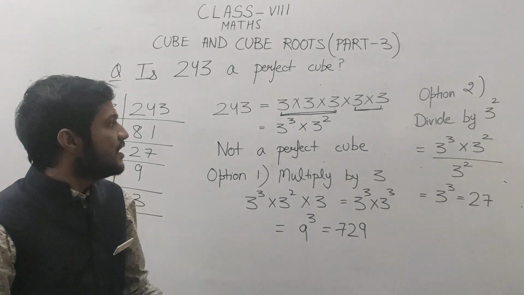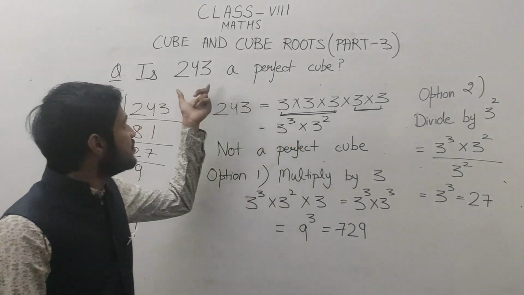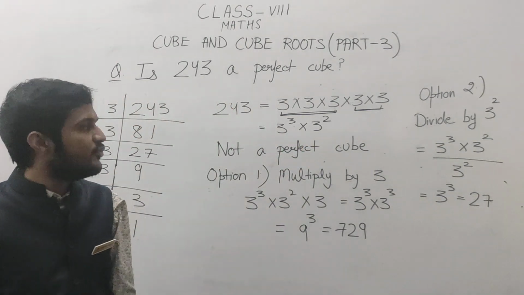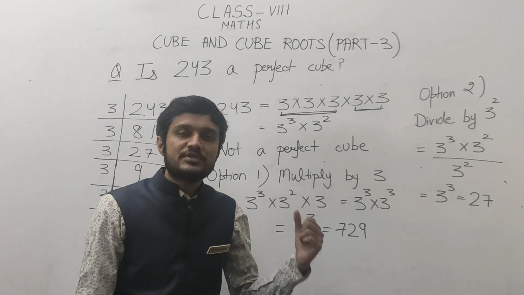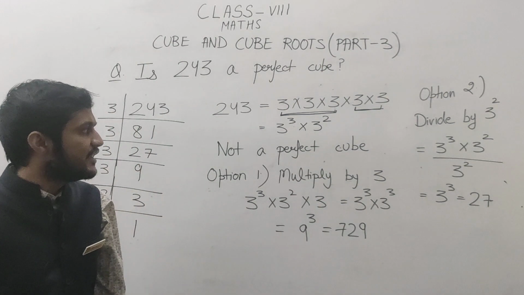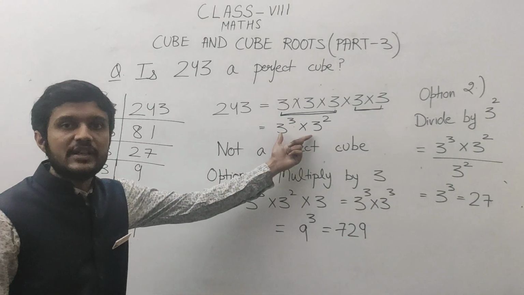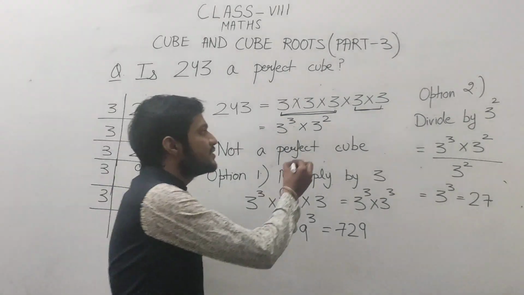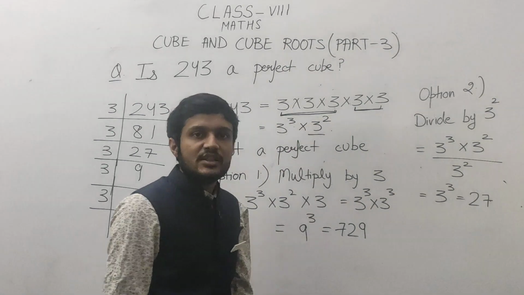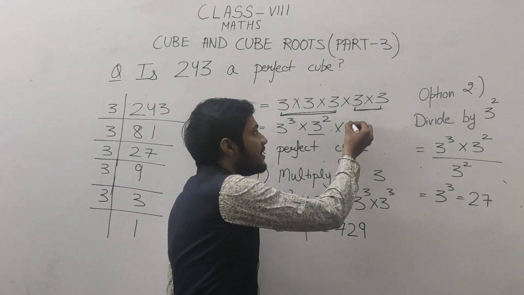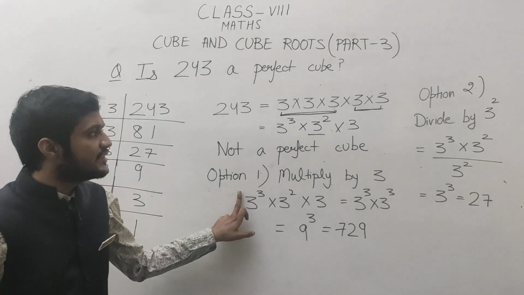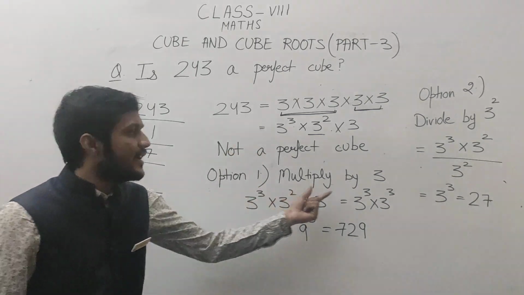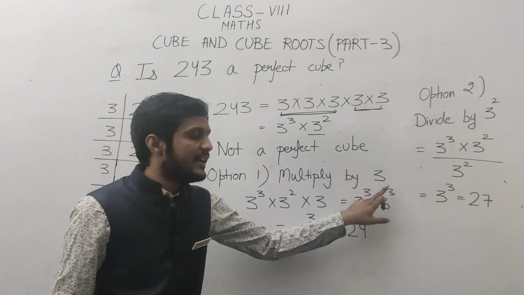Now the question is how to change this non-perfect cube 243 into a perfect cube. Two options are there. The first option is to complete this group. In this group one 3 is less, so you can simply multiply this prime factorization by 3.